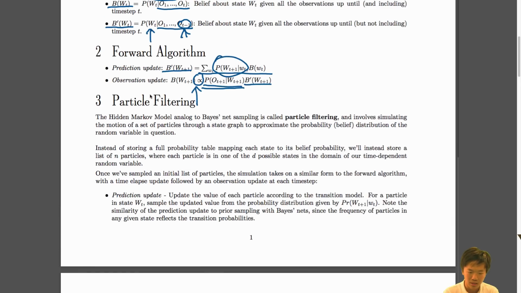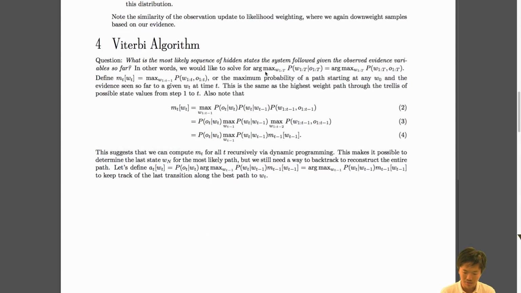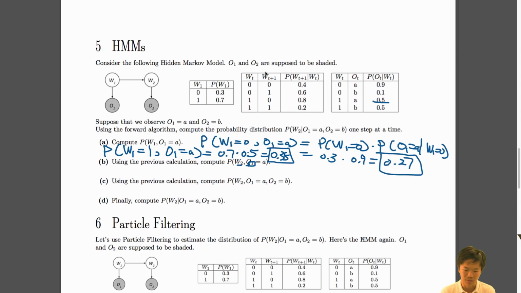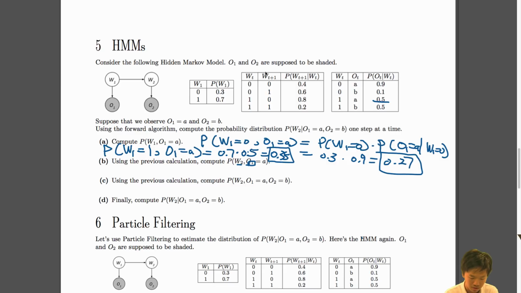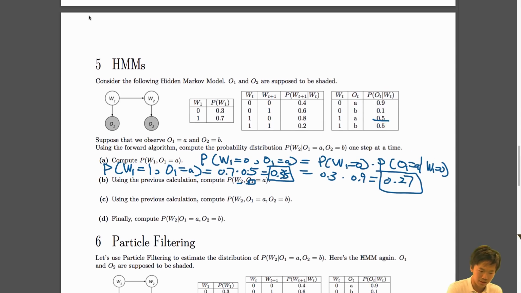The way we compute B prime of WT is using the prediction update, where we sum over all the possible previous hidden states that can lead us to that particular hidden state at, in this case, time step 2. So we can look at it in this case, I'm just going to write part B on top here because it has a little bit more space.